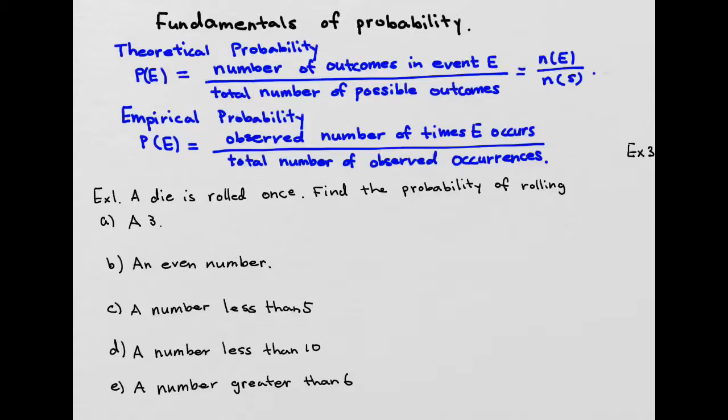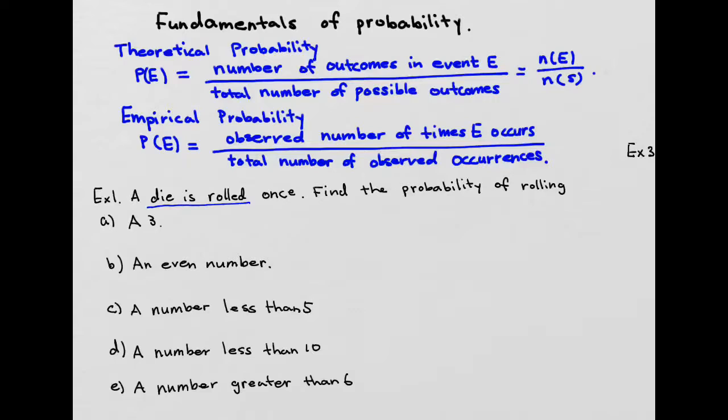So let's look at example 1. Example 1 is asking: a dice is rolled. Find the probability of rolling a 3. In order to find the denominator, you need to know how many outcomes are possible when you're rolling a dice. A regular dice is what they're talking about, which means you have 6 sides, right? 1, 2, 3, 4, a side for having 1, a side for having 2.